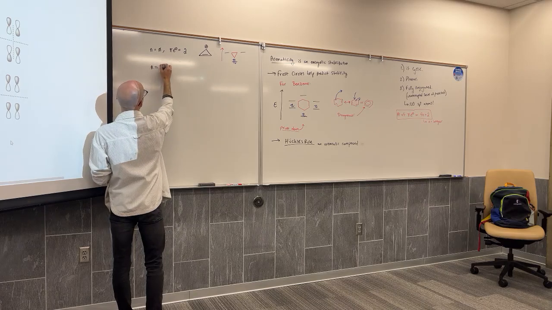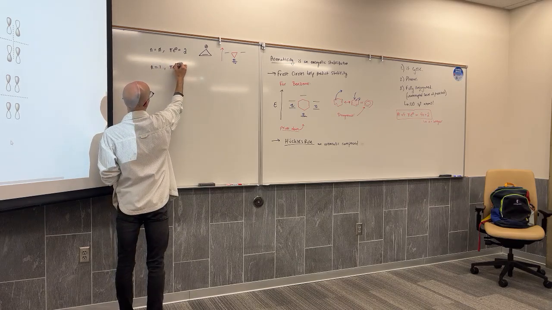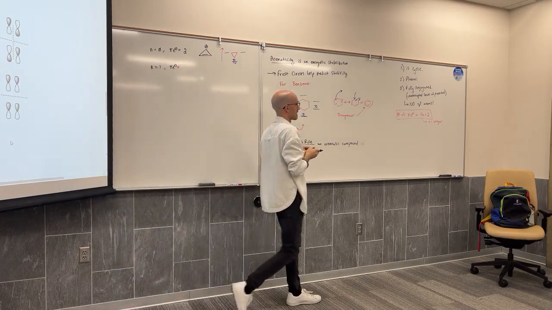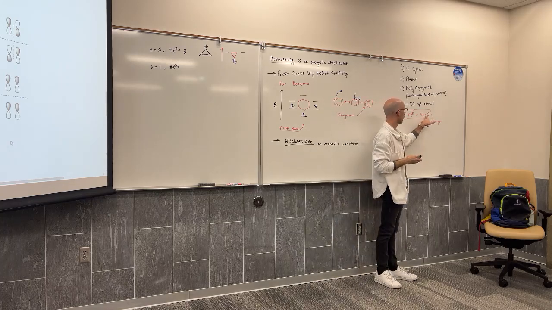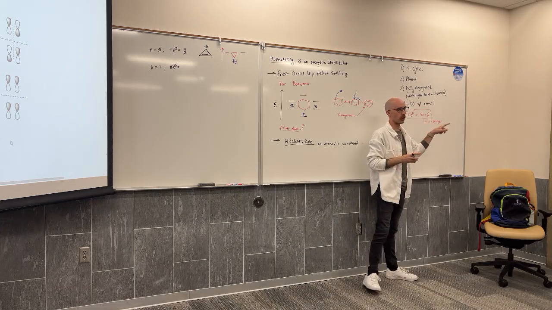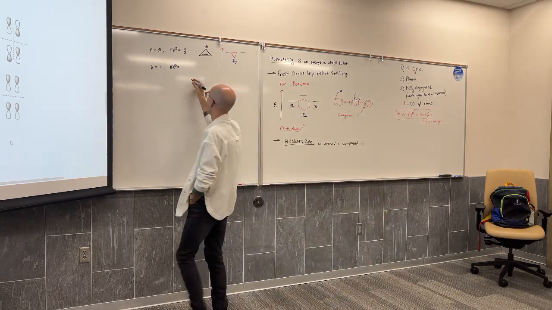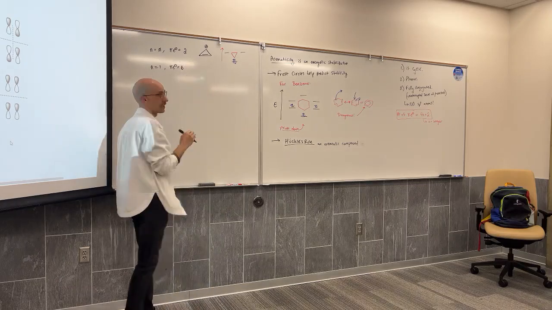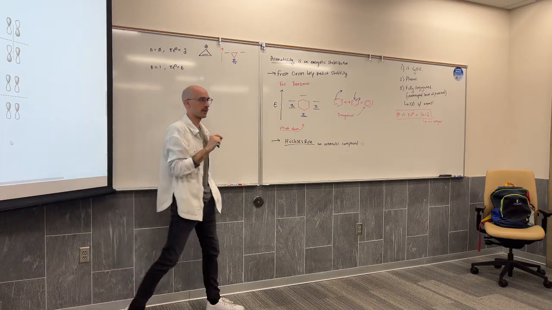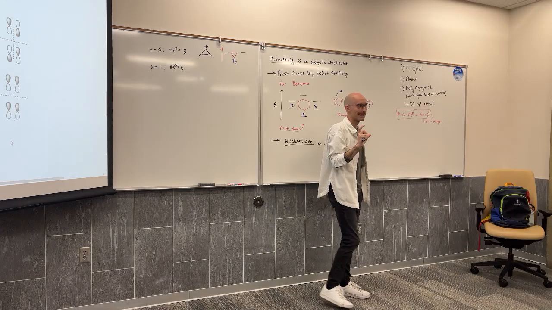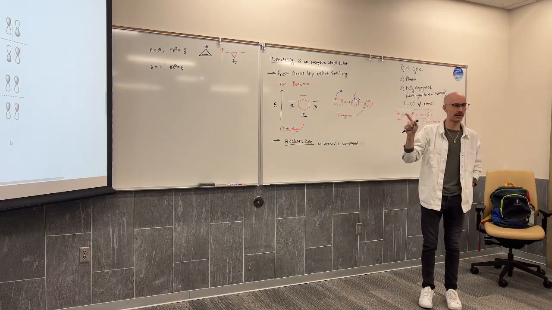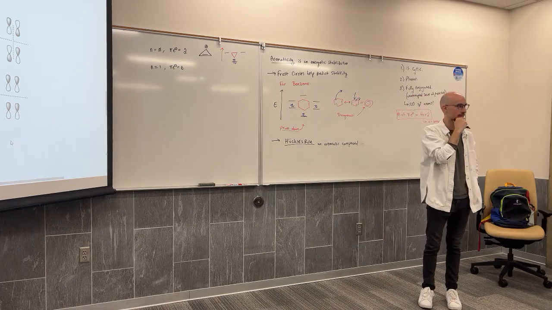When n equals 1, what is the number of pi electrons that are possible? 4n plus 2. So 4 plus 2, 6 pi electrons. Now there are actually a number of different sized rings that can take on 6 pi electrons. So we're going to look through those quickly.